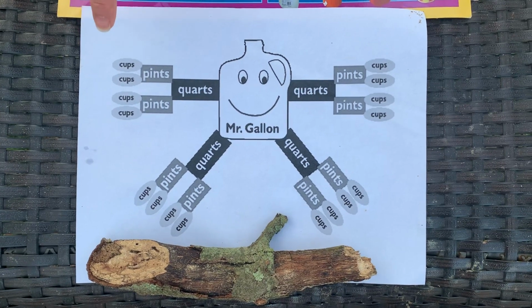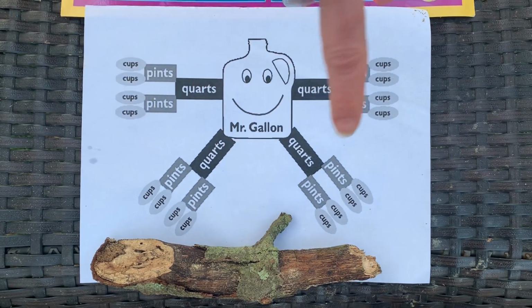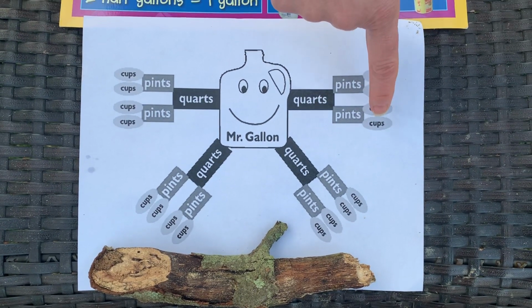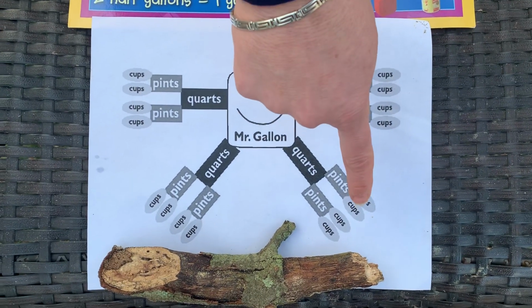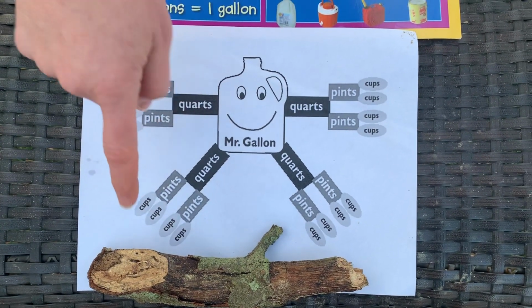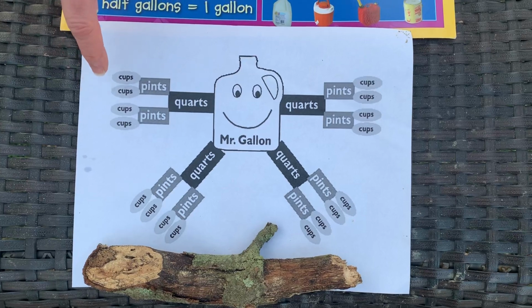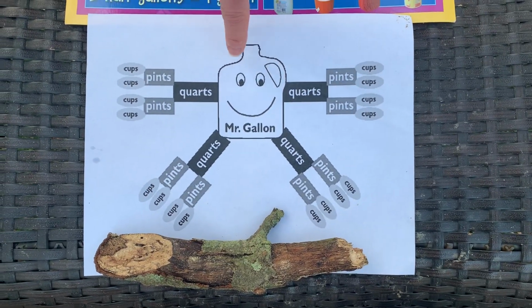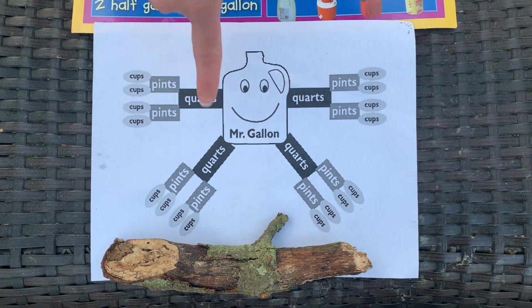What about cups? How many cups would fit inside Mr. Gallon? 1, 2, 3, 4, 5, 6, 7, 8, 9, 10, 11, 12, 13, 14, 15, 16. 16 cups to fill up the capacity of Mr. Gallon.